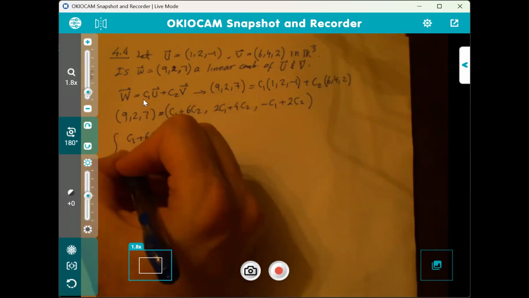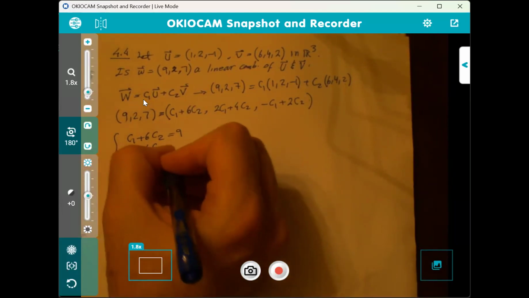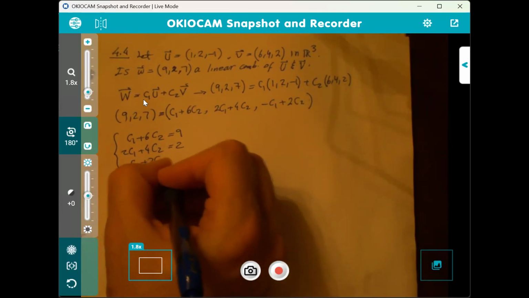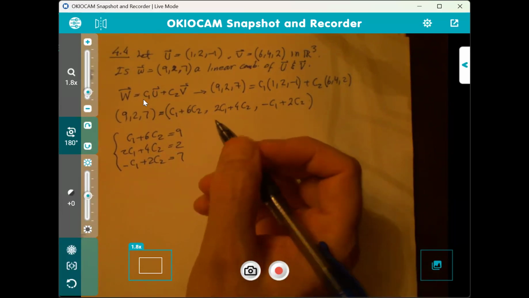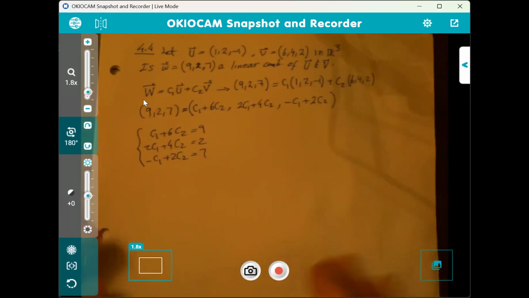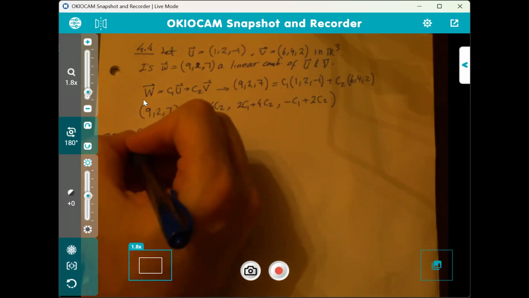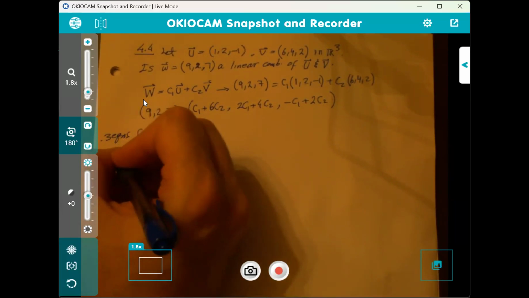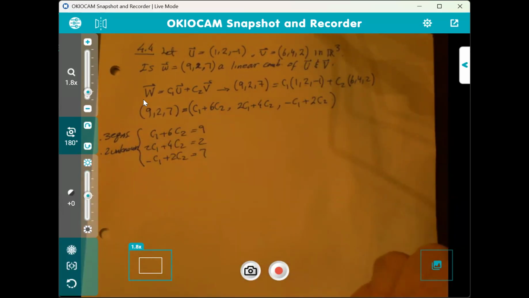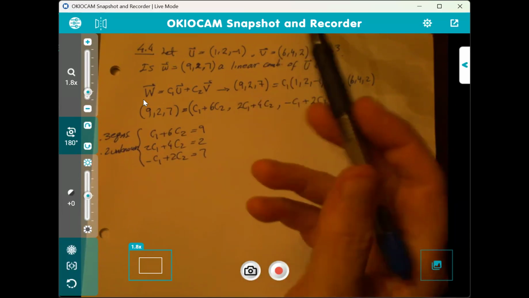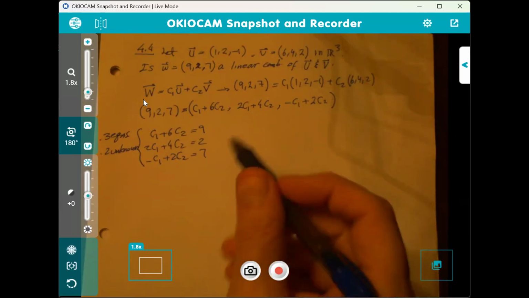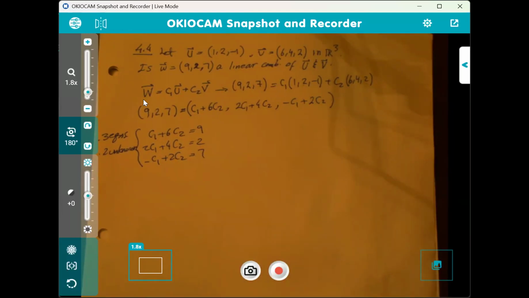And then 2c1 plus 4c2 should equal 2. And finally, negative c1 plus 2c2 is equal to 7. Now, note we have 3 equations and we have 2 unknowns. Because we have more equations than unknowns, that right there tells me that one is a linear combination of the other might be possible. However, we want to actually find the linear combination.